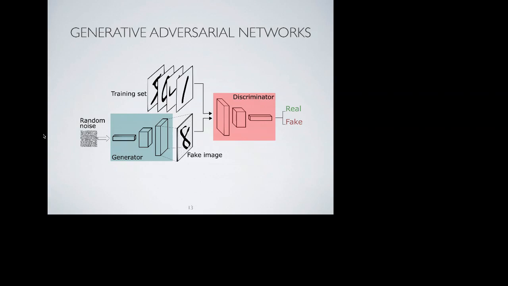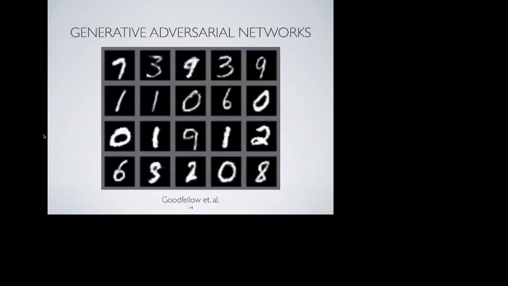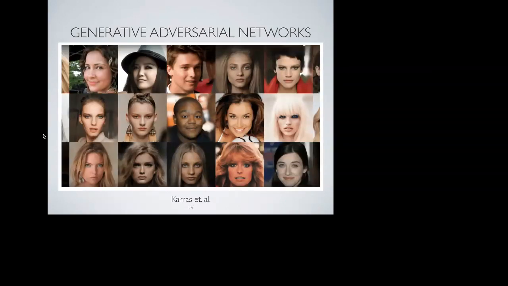And in practice, this has worked really well on a variety of data sets. For example, on the MNIST one, as you can see, we have pretty realistic looking handwritten digits. Something more impressive perhaps are these faces, which are quite indistinguishable from real faces, but these are all completely fake, produced by a GAN.